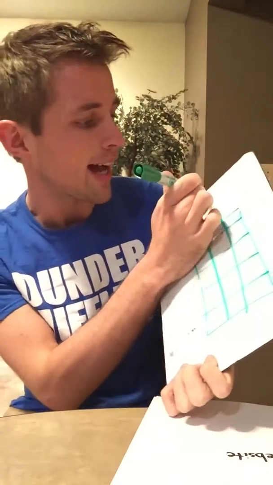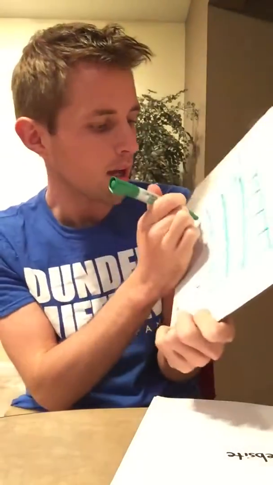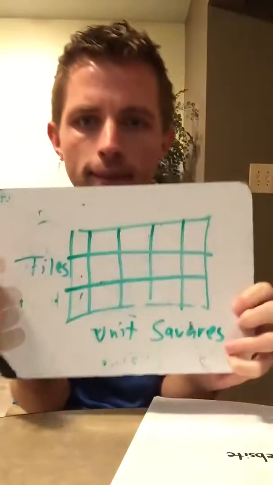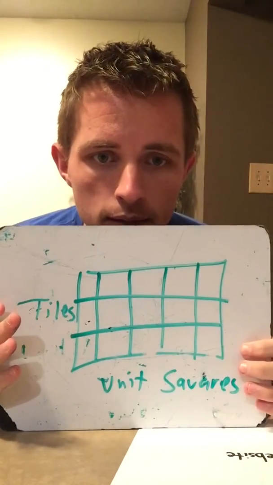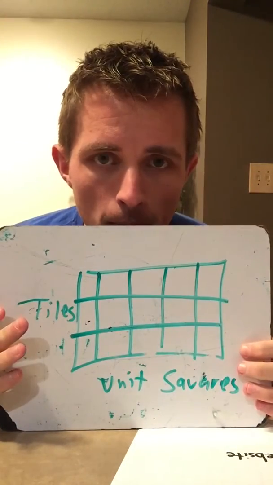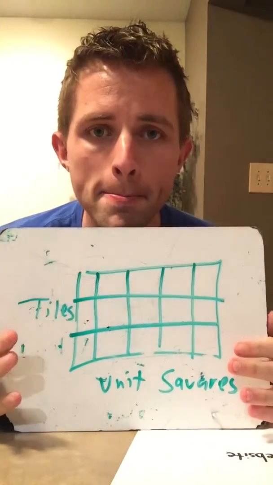These are called tiles, but they're also called unit squares or square units, right? Unit squares or square units. Okay, got it? Okay, so that is just some vocabulary review to keep that fresh in your mind.